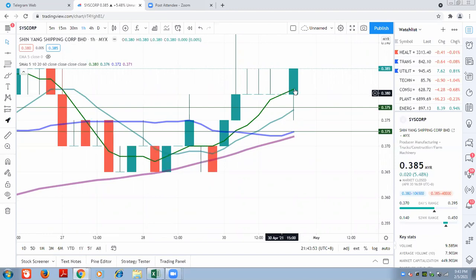But this one is MA5. MA5 as a support is also weak compared to the SMA10. SMA10 is also weak compared to the SMA20. SMA20 is also weak compared to the SMA60.